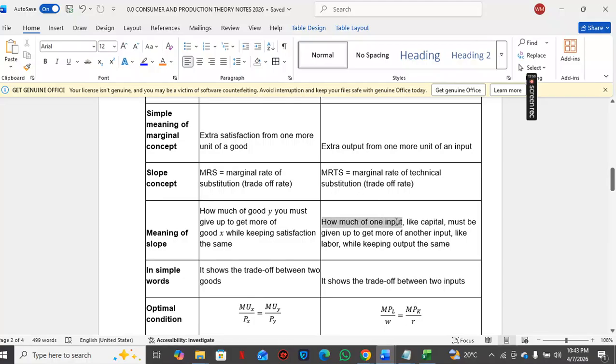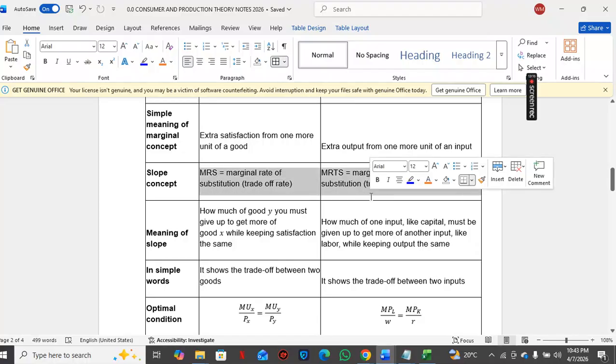Marginal rate of technical substitution: how much of one input like capital must be given up to get one more of another input like labor while keeping output the same. Okay, here we're keeping satisfaction the same, the other side we're keeping output the same. So if you see any of these marginal rates, just know it's a trade-off rate. You're trading off something. In the consumer theory, good X and good Y. Production theory, capital and labor.